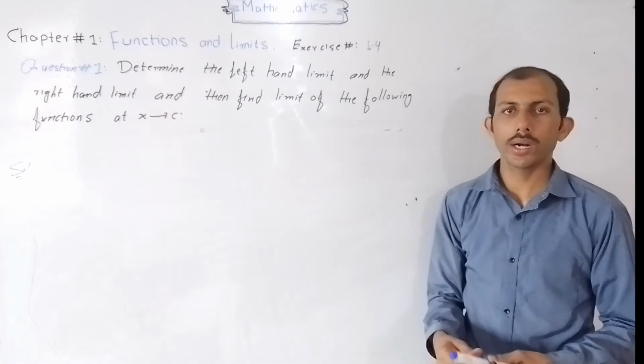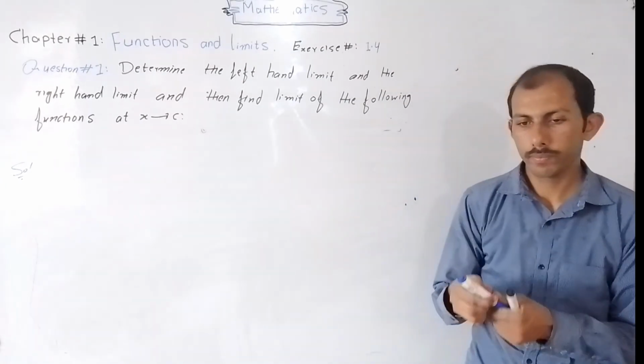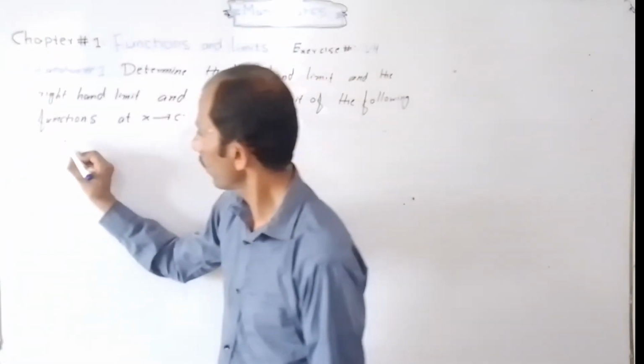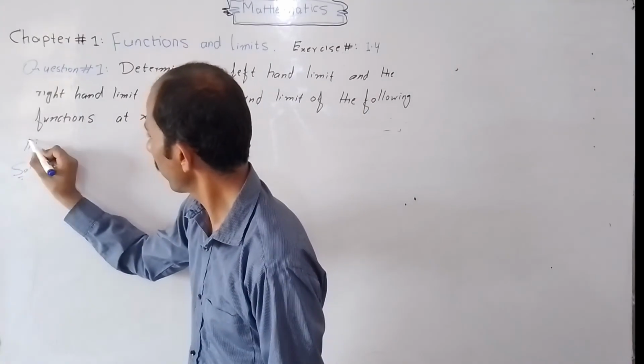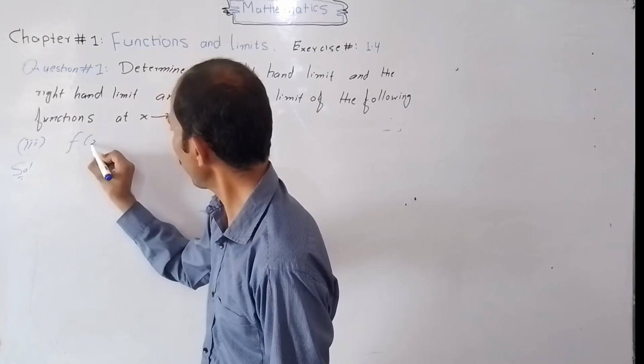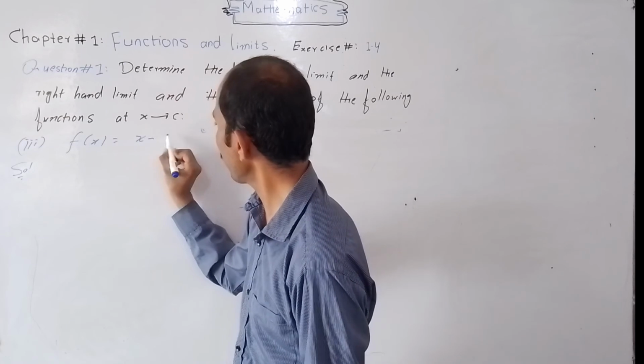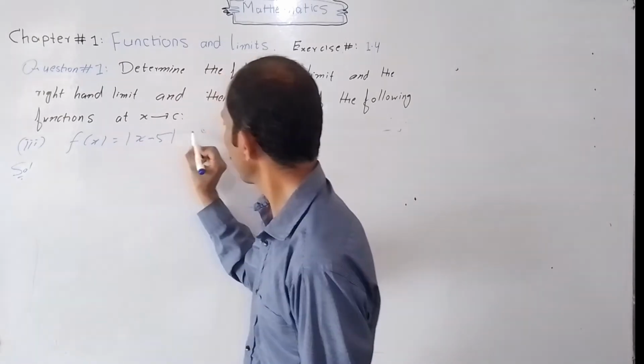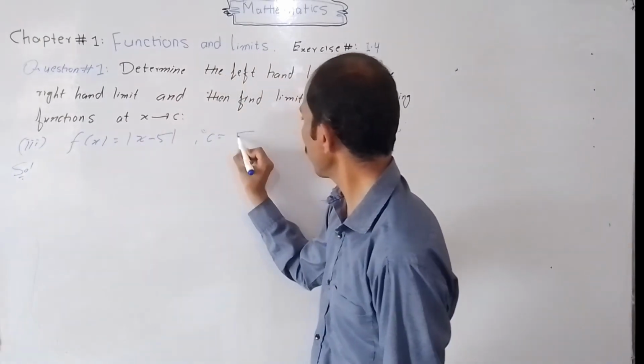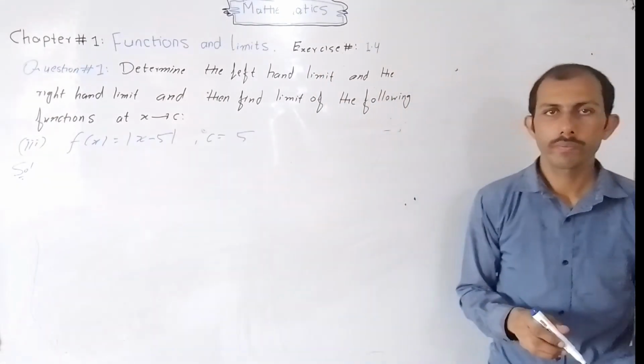Question 1 part 3, that is f(x) = |x − 5|, c = 5.